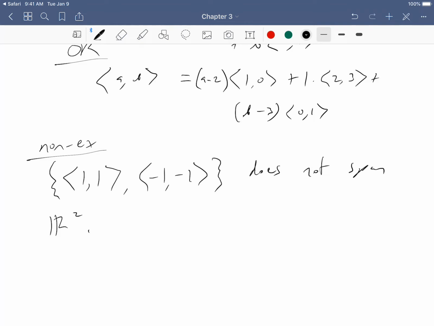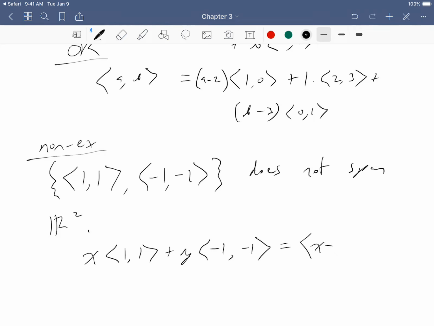vectors and I'm supposed to be able to make any vector out of them, what does any vector out of them look like? So if I thought about all possible linear combinations of these two vectors, I would take some scalar, I'm calling it x times 1, 1, and I'd take some other scalar y times minus 1, minus 1, and I would be adding those up.